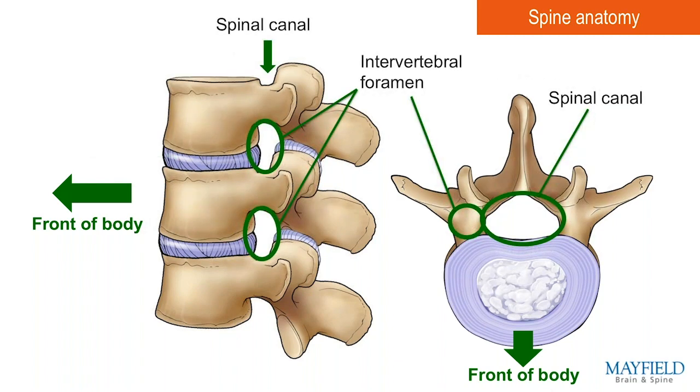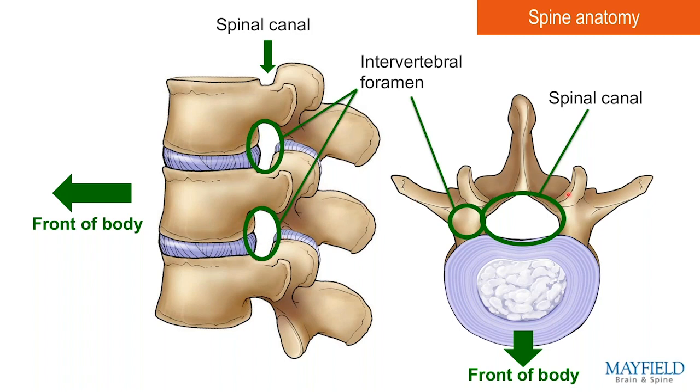When you stack all the vertebrae on top of each other to form the spine, this creates some naturally occurring canals for structures to travel through. One is the spinal canal, which runs from the top of the spine to the bottom. Then there's the intervertebral foramen, and these are holes that run down the side of the spine between each vertebra.